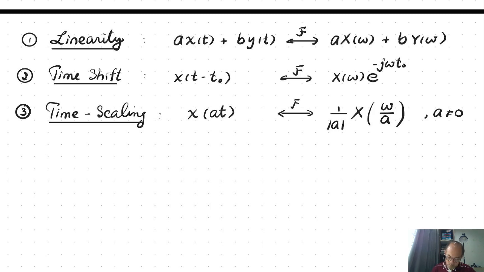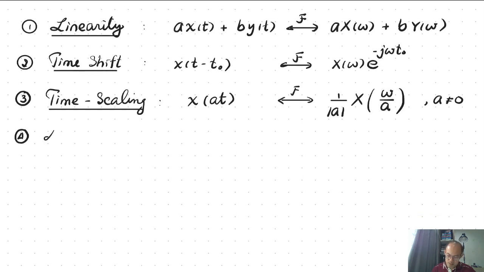And the fourth property that we talked about last time was duality. Now, duality is very important in finding the Fourier transform of some signals that are not easy to find directly. And it goes like this.